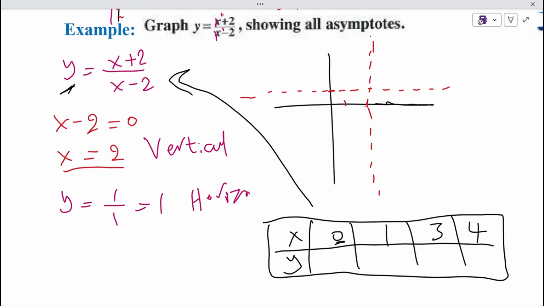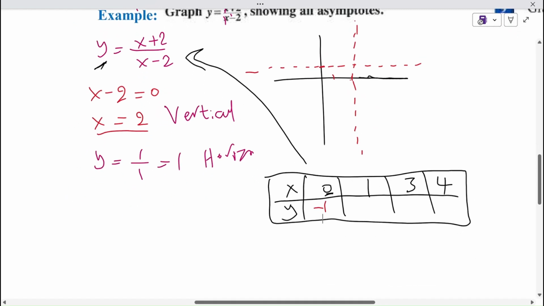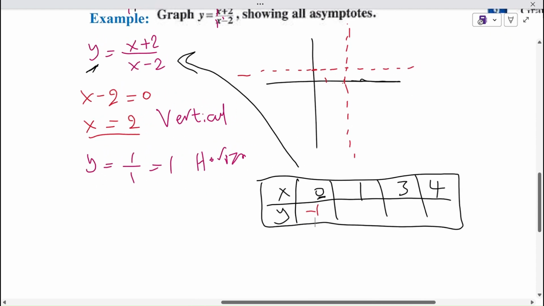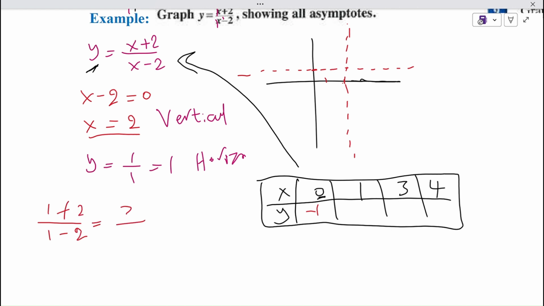Okay, if we put 1 instead of x, then x plus 2 is 3 and 1 minus 2 is minus 1, so 3 over minus 1 is equal to minus 3.